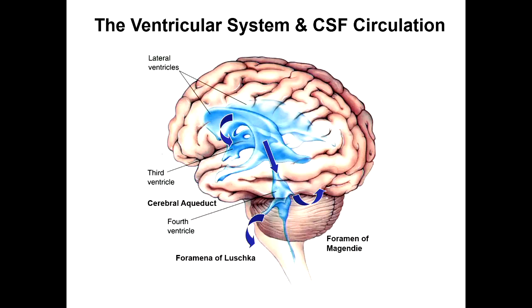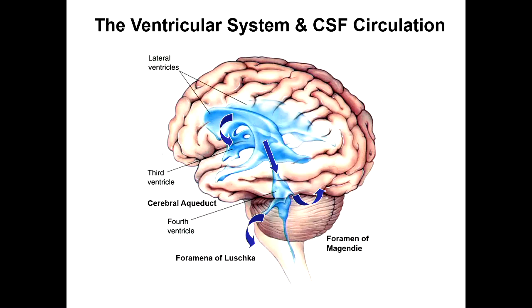The CSF, which is found within those lateral ventricles, circulates through the system, as indicated by this arrow, into a single third ventricle, which is quite a narrow slit that you find between the left and right thalamus, deeper in your cerebrum, in the diencephalon, the between brain.